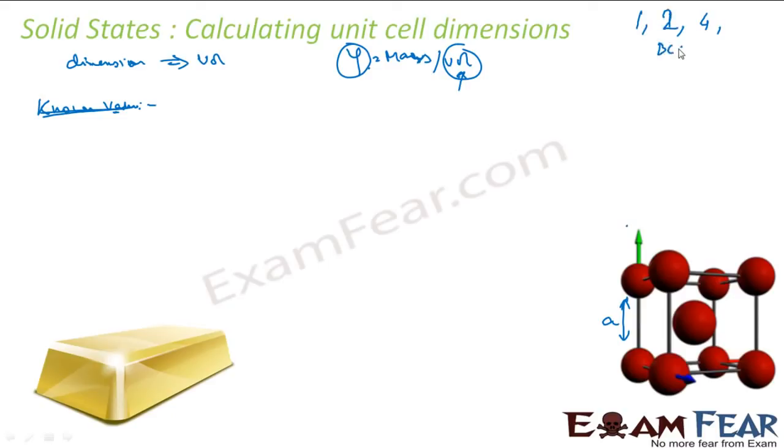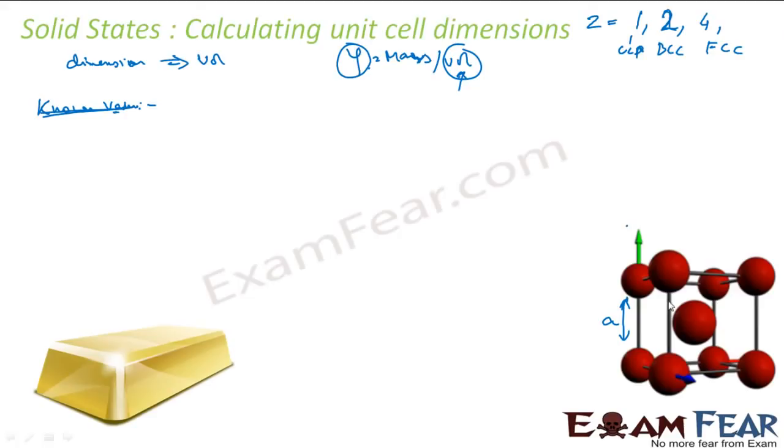This is body center, face center, and the normal cubic structure, and close packed. Now this number is varying. So let me give a name to it, that is Z. That is nothing but the number of atoms, and that will vary.